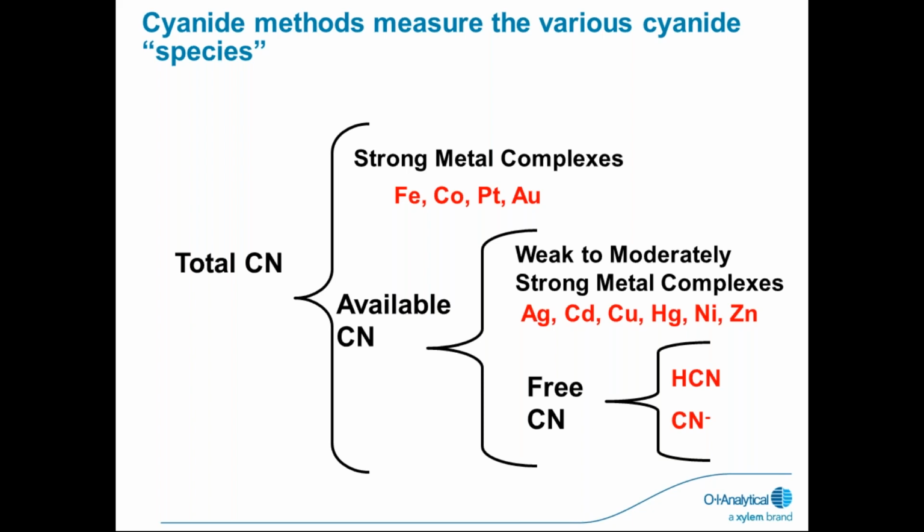You go from free cyanide, that's the weak to moderately strong metal complexes, to available cyanide, which are the strong in between, and then you get to total cyanide, which are the strong metal complexes, and that will require the UV digestion to help break those bonds apart.